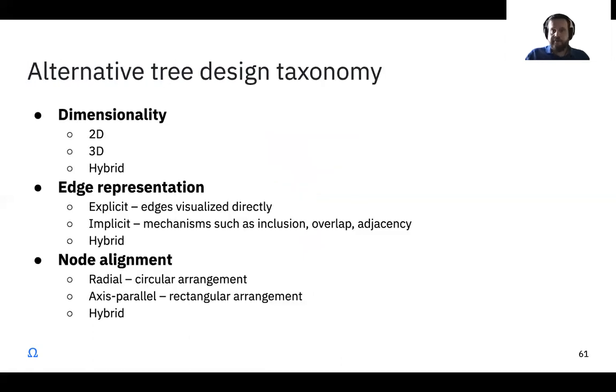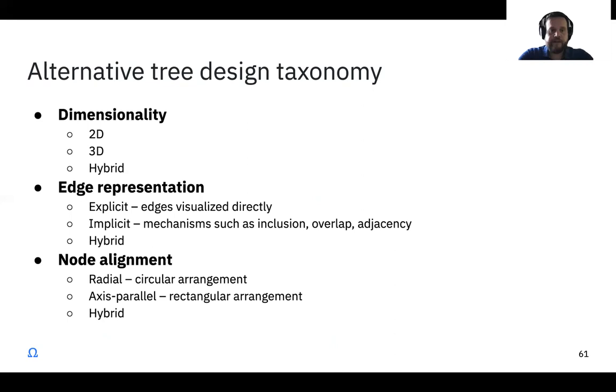Alternatively, we have followed one possible taxonomy, but you can also consider dimensionality. So is it a 2D visualization, 3D visualization, or a hybrid? You can split trees by edge representation. So explicit, are we visualizing edges directly, or implicit, which means that you use mechanisms such as inclusion, overlap, or adjacency to implicitly show edges.